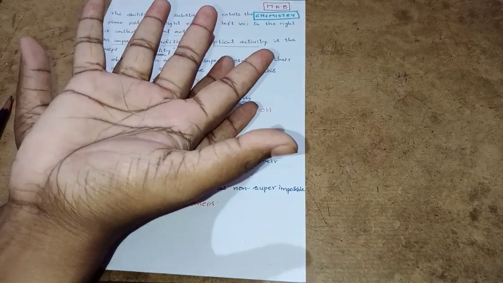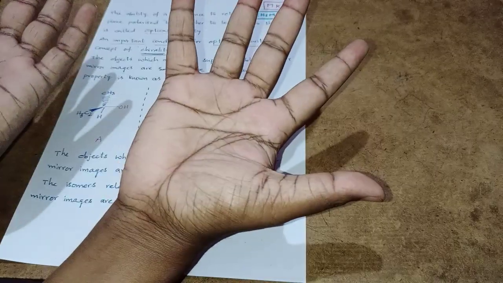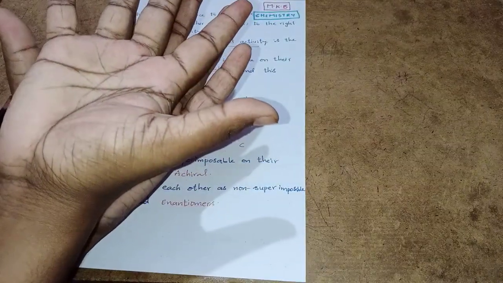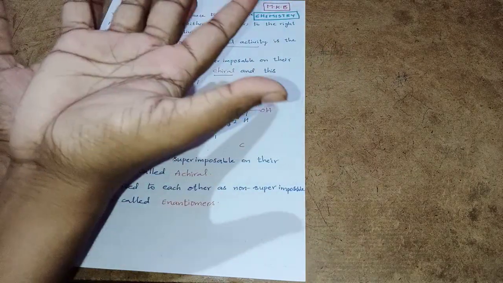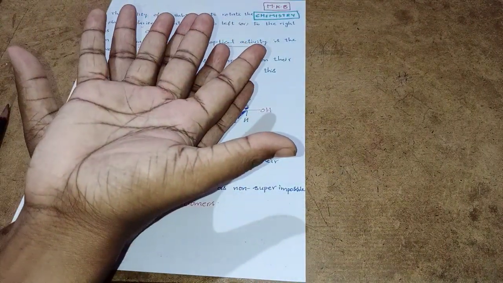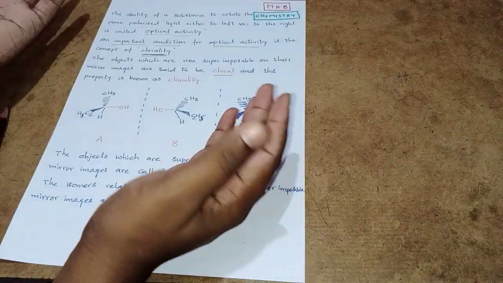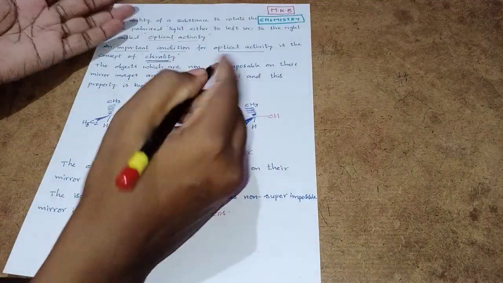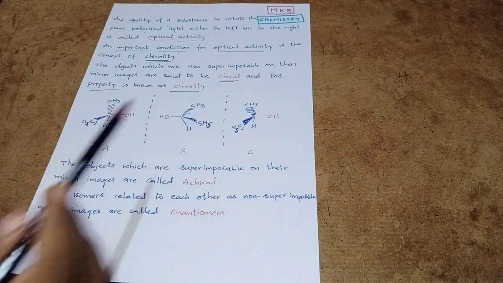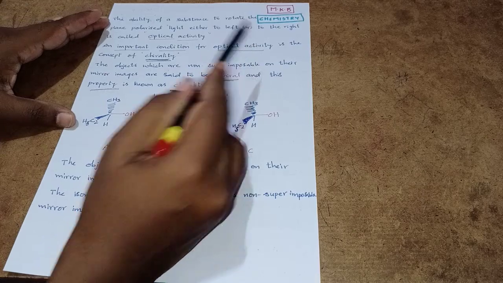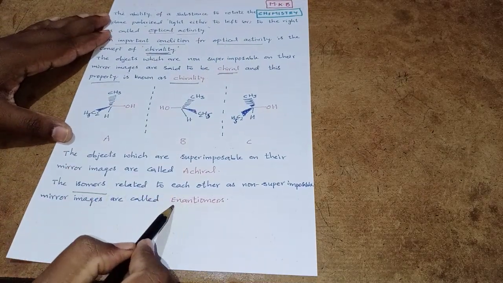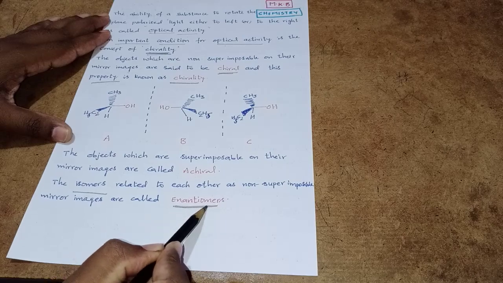Such molecules or objects which are non-superimposable on their mirror images are called chiral molecules, and the property is called chirality. This is the important condition for optical activity, and such isomers are also called enantiomers.